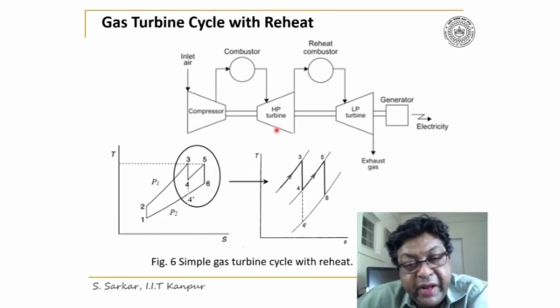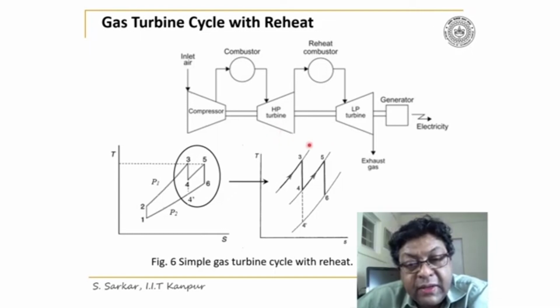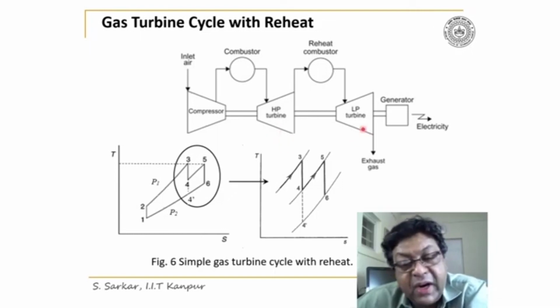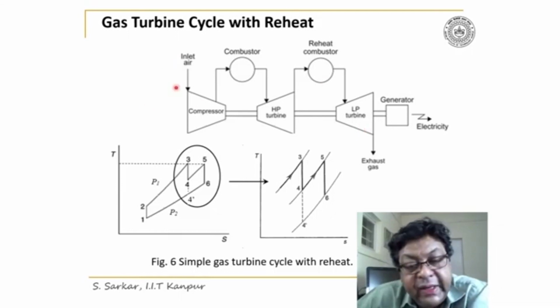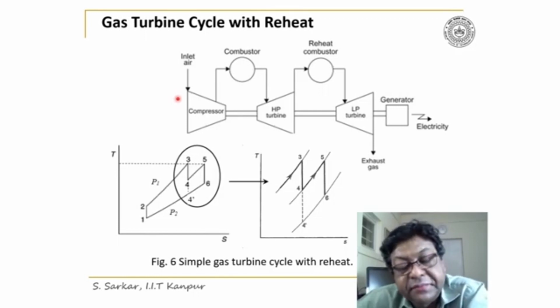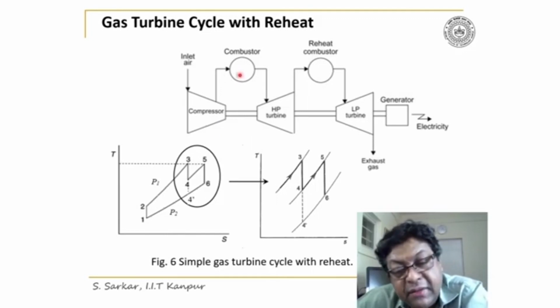One is referred to as the high pressure turbine, HPT, followed by a low pressure turbine, LPT. Thus, air is compressed in the compressor, then heat is added in the combustor.